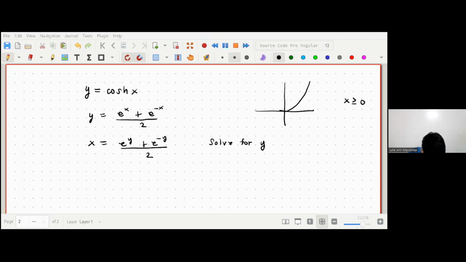Na-resend ko na. So, y equals cosh x, or y equals e to the x plus e to the minus x over 2. So, yung inverse, makukuha natin pag ginawa natin yung switching substitution.